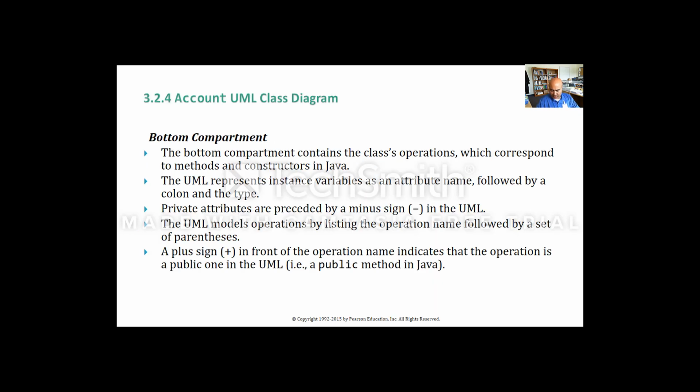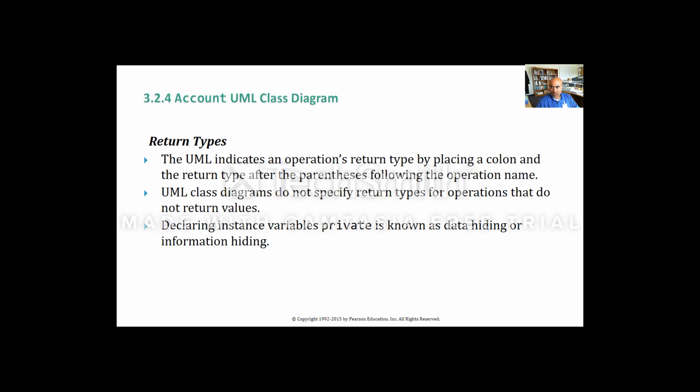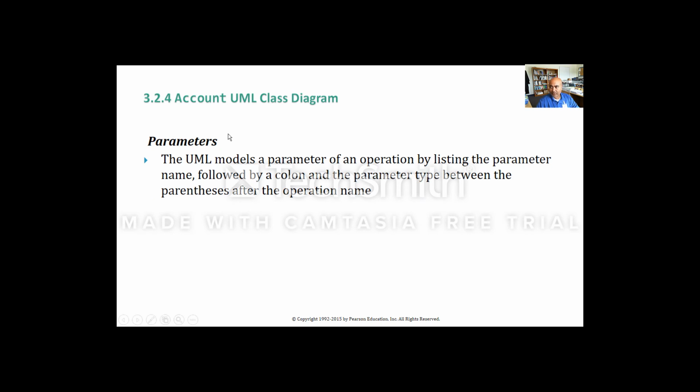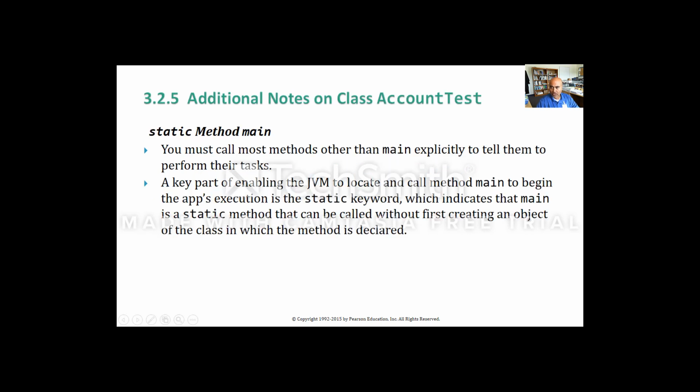So this is what it goes into. Return types also showed how those return types are shown in the UML diagram. The parameters, we already talked about that. This is something that we have seen earlier, the static main method. It is defined as static, which indicates that main is a static method.